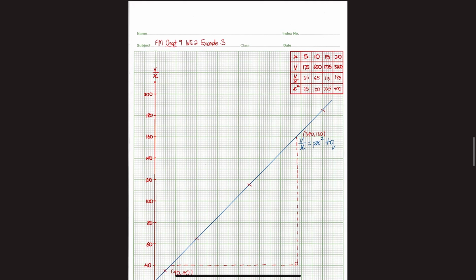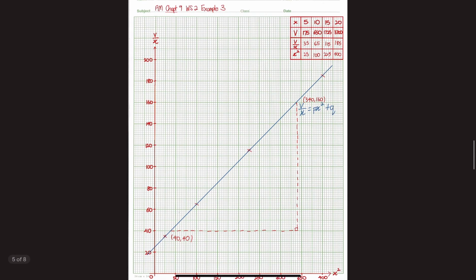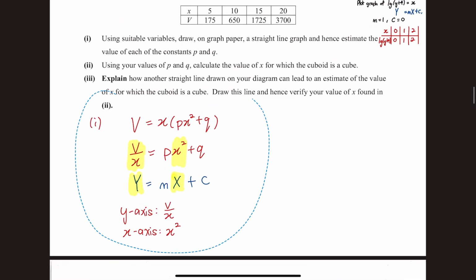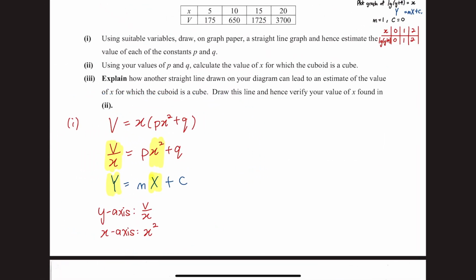Okay. So therefore, for part 1, maybe I'll write my part 1 answer. Where should I write it? Maybe I'll write it over here. Okay. Part 1 answer. Gradient is simply equal to 160 minus 40 over 340 minus 40. I should get 0.4.